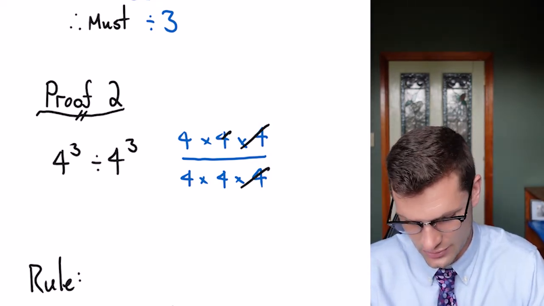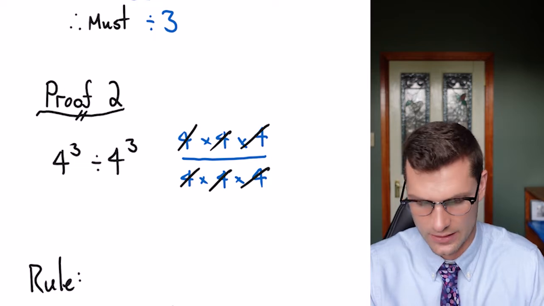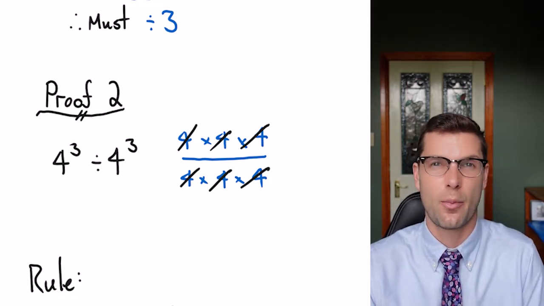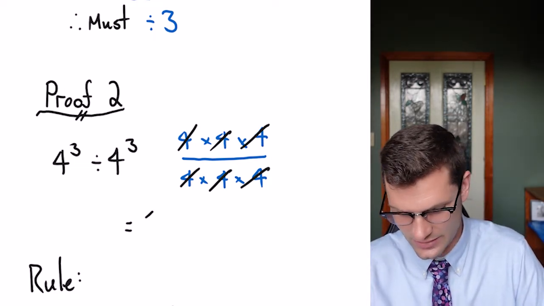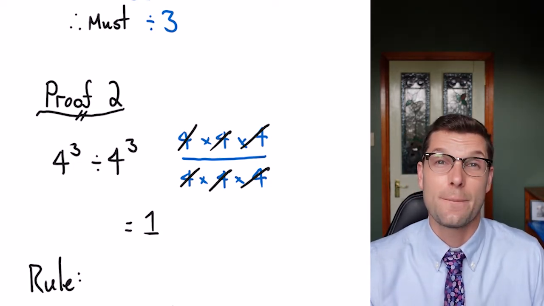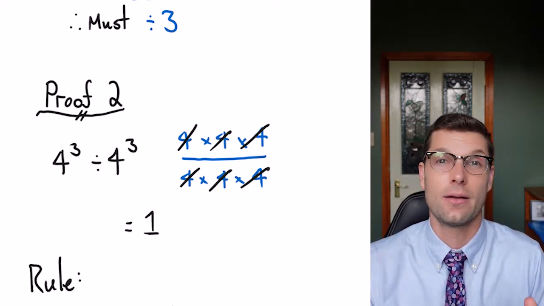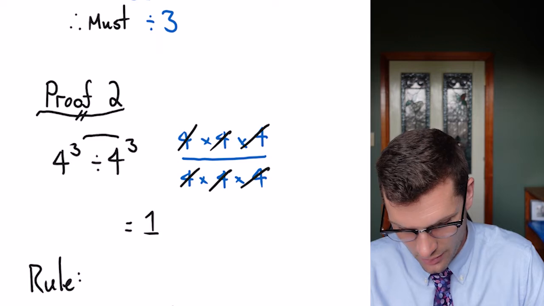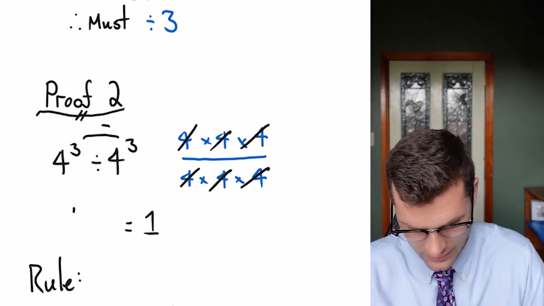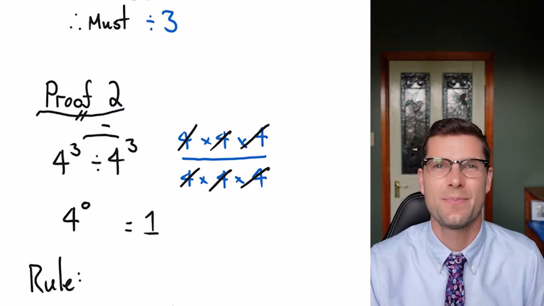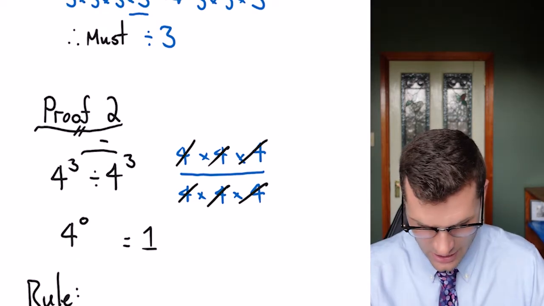So cancel, cancel, cancel, cancel, cancel. Nothing left on the top or the bottom, so that means it is 1. Because 4 to the power of 3 divided by 4 to the power of 3, I would subtract those powers. That means that 4 to the power of 0 is equal to 1.